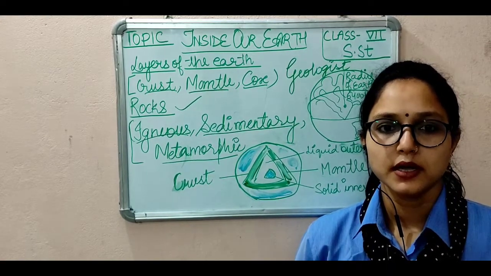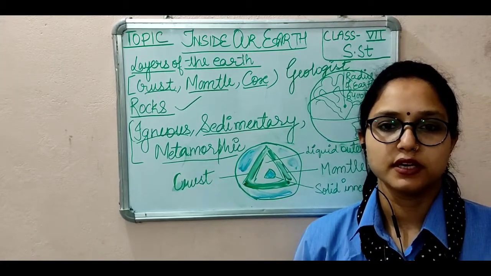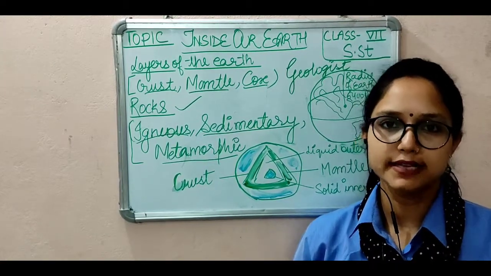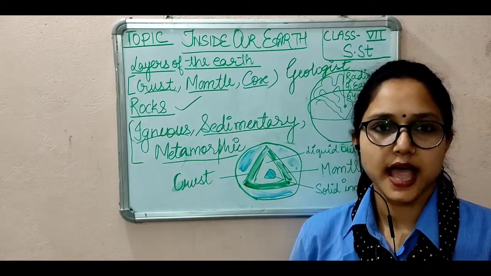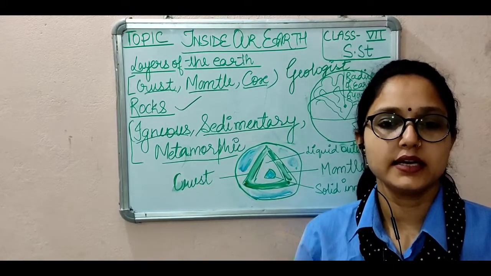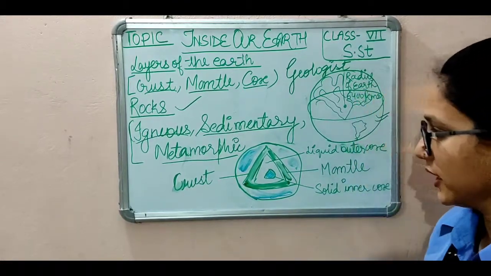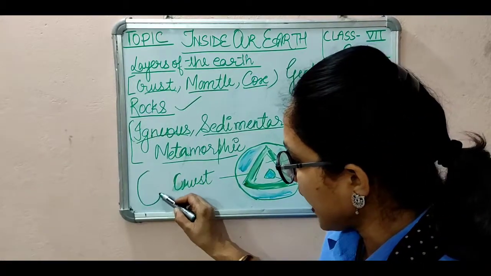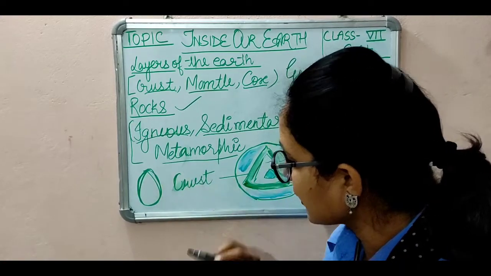Did you see a boiled egg? We can easily understand the layers with the example of a boiled egg, or you can take an apple. Cut the apple and you can easily find the layers of the earth. A boiled egg is like that only.